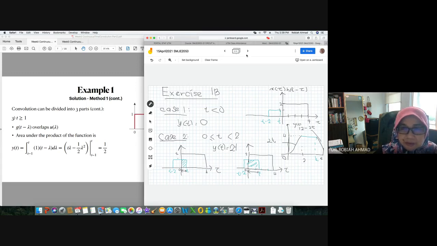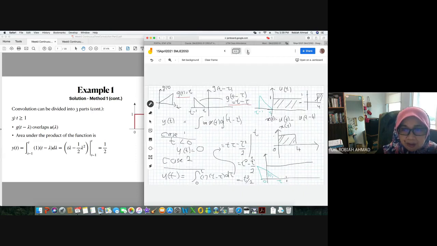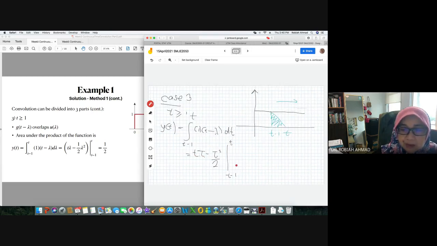The only difference is the limit. Before it was 0 to t, and this one is t minus 1 to t. So that is why you have to be very careful when you do the integration. Always refer back to the overlapping diagram.